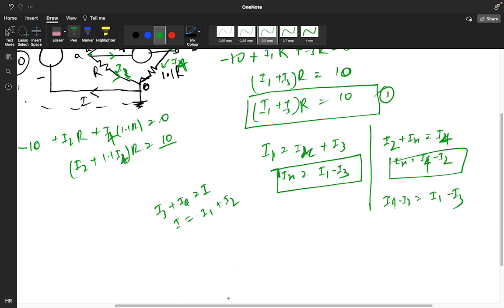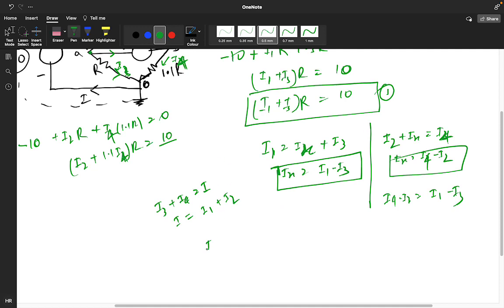So from here also you get the same relation. I1 plus I2 is equal to I3 plus I4. This is the same relation only.